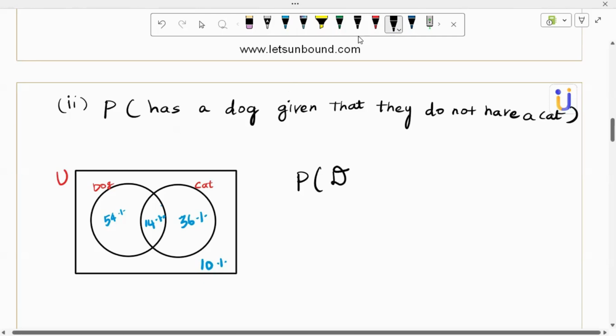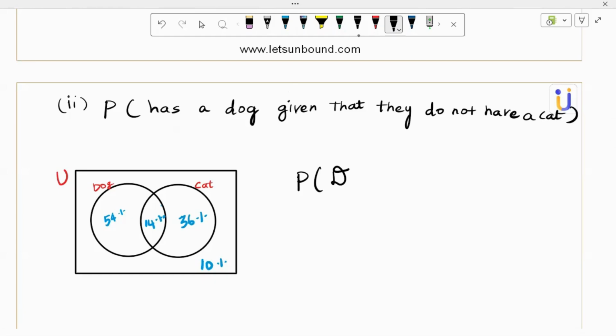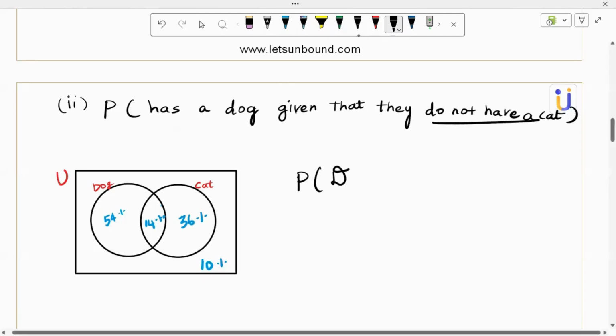I'm not going to take the entire survey, the entire set of students involved, but given that they do not have a cat, I'm going to randomly choose a student who does not have a cat. So not all the people. The probability of dog given that he does not have a cat, I'll use the prime: C means cat, C dash means prime.